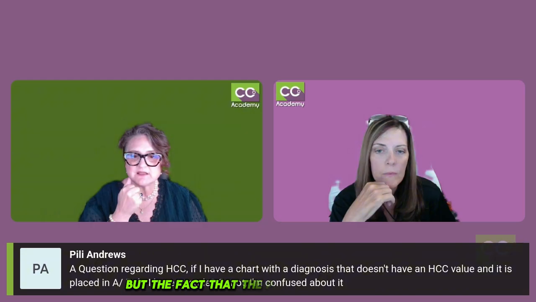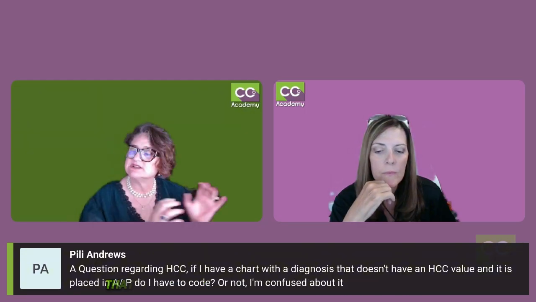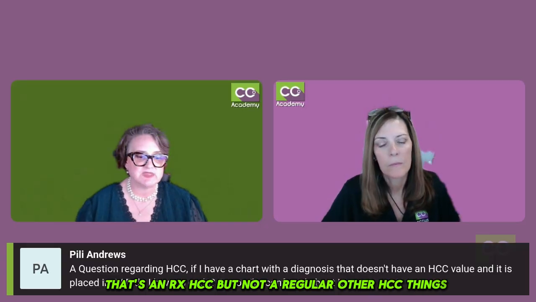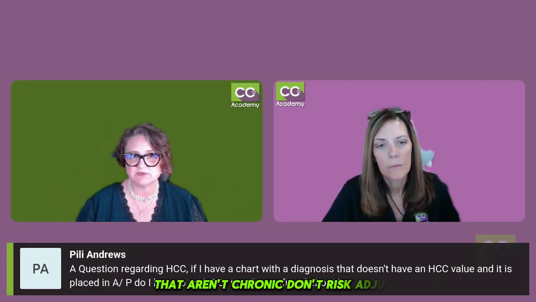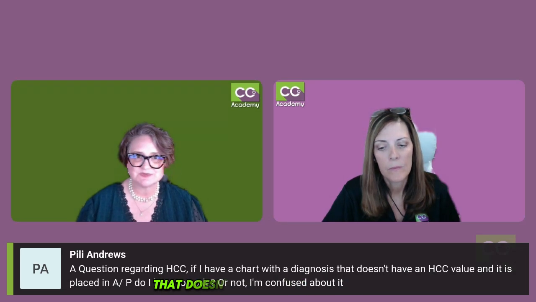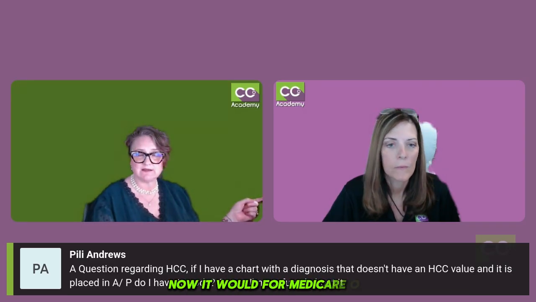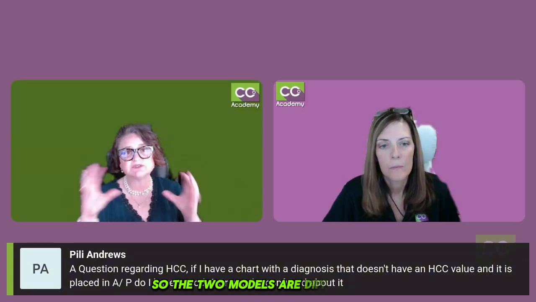But the fact that the patient has hypertension, that's an RX HCC, but not a regular other HCC. Things that aren't chronic don't risk adjust. Asthma doesn't risk adjust, but COPD and emphysema do. If you break your leg, that doesn't risk adjust for MA plans. Now, it would for Medicaid. So the two models are different there.